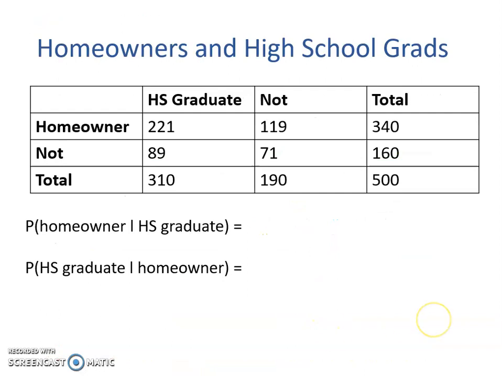All right, again, how about you press pause on this one and see if you can calculate these 2 conditional probabilities. This data is talking about whether somebody is a homeowner or not, and then whether they graduated from high school or not. So press pause and see if you can calculate these 2 examples.